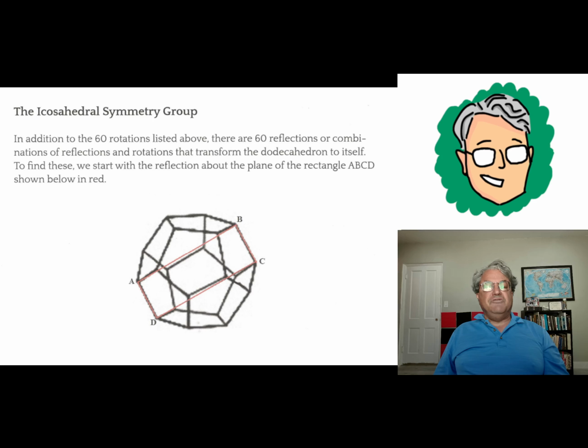But what's interesting about this reflection, if you reflect about any one of these 15 planes whose cross section is one of these golden rectangles, is this. If you number the vertices the way I was showing yesterday, and the way I did it in my book, you number the vertices 1 through 5, but you have sets of 4 of each number.